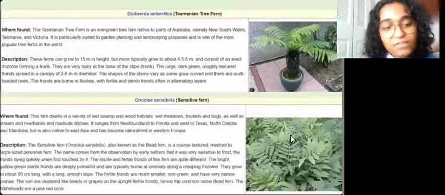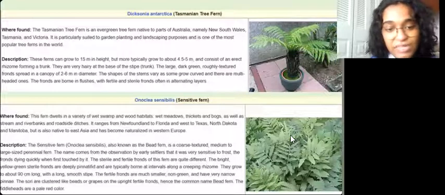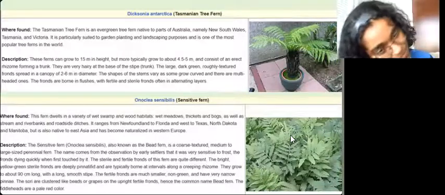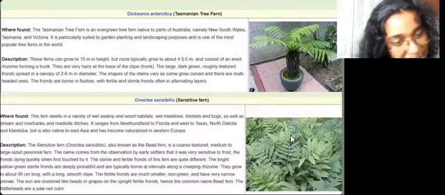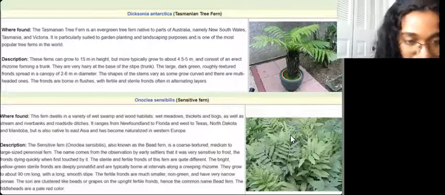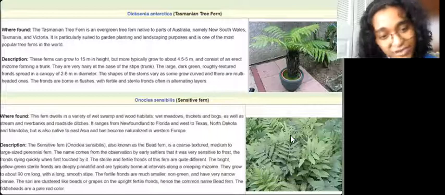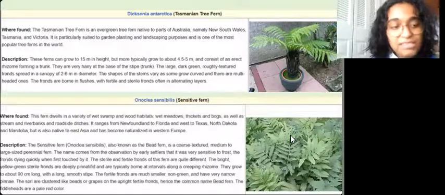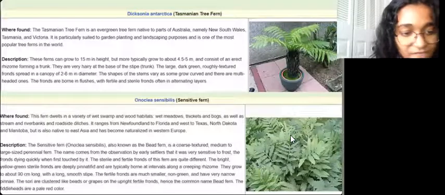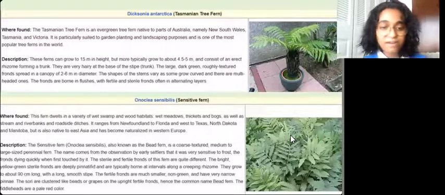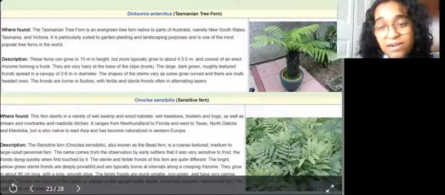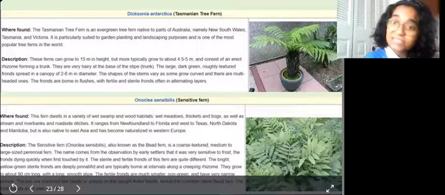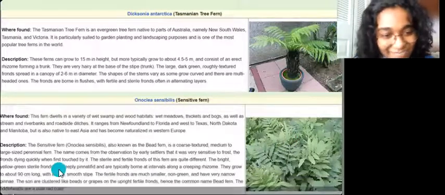The fertile fronds are much smaller, non-green, and have very narrow pinnae. The sori are clustered like beads or grapes on an upright fertile frond, hence the common name bead fern. The fiddleheads are a pale red color. So in this fern, there are two types. Isn't that amazing?